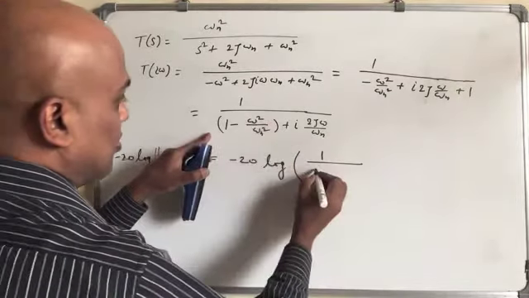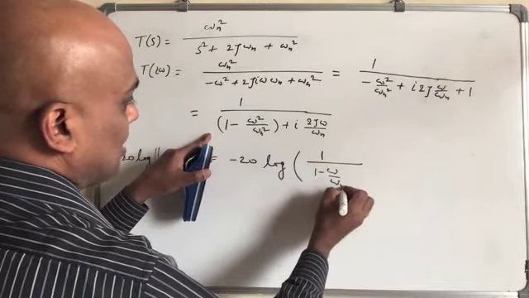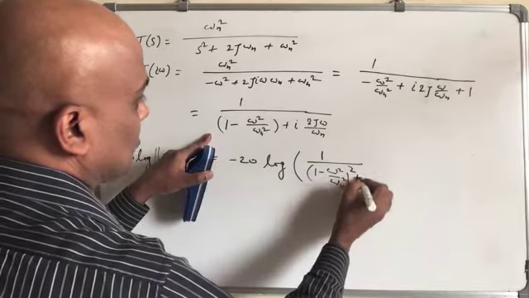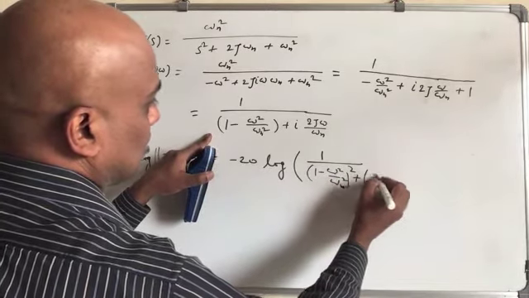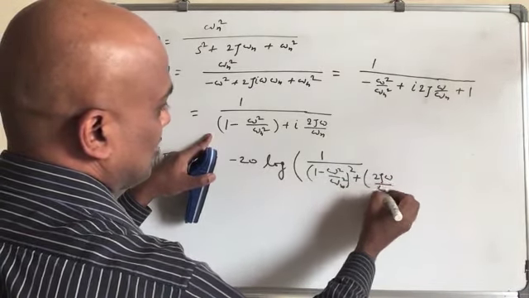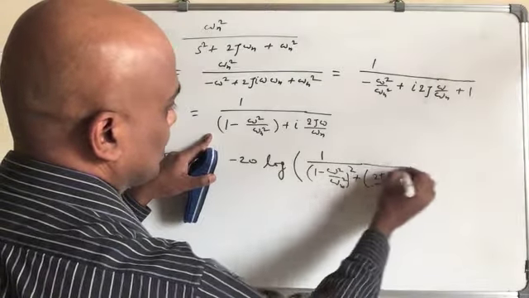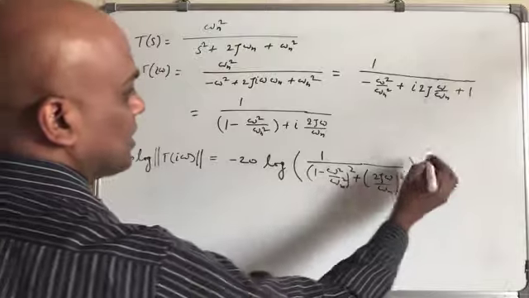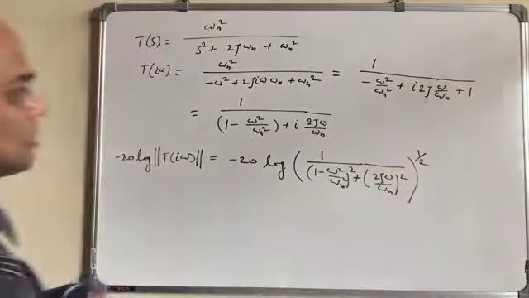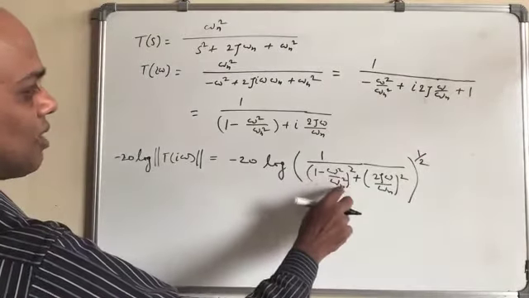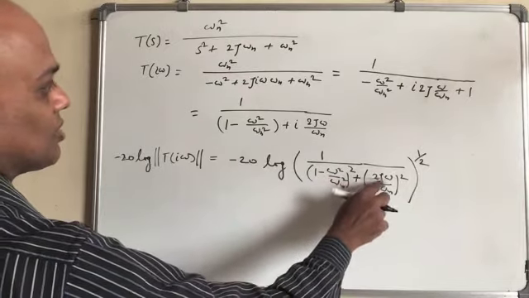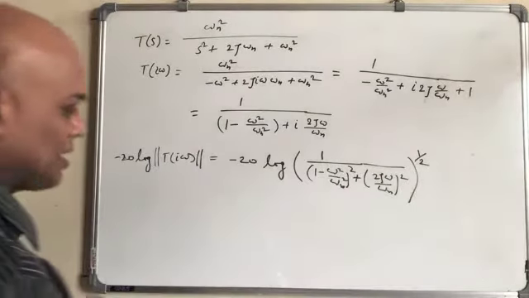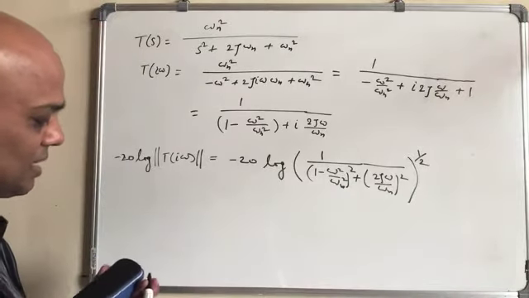This will be minus 20 log of 1 over the square root of 1 minus omega square over omega n square, whole square, plus 2 zeta omega over omega n, whole square. Or simply we get minus 10 log of 1 minus omega square over omega n square, whole square, plus 2 zeta omega over omega n, whole square.